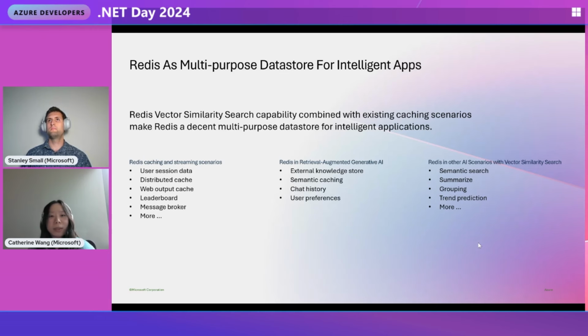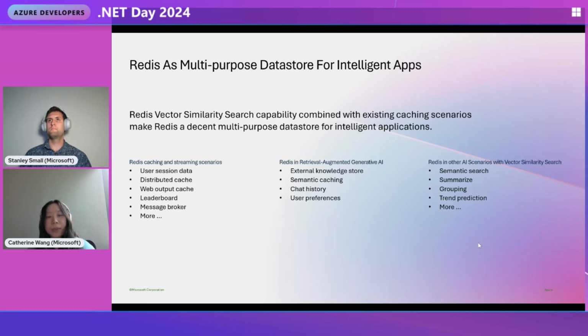In that case, you want to put your additional knowledge in an external vector database, such as Redis. You can then retrieve the information from it, augment your prompt, and then send it to GPT for generating the chat completion. So that's one popular scenario for vector similarity search using a vector DB like Redis.